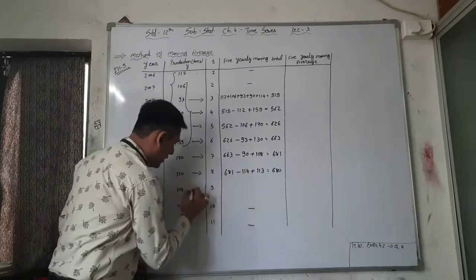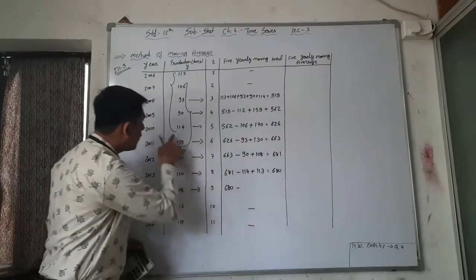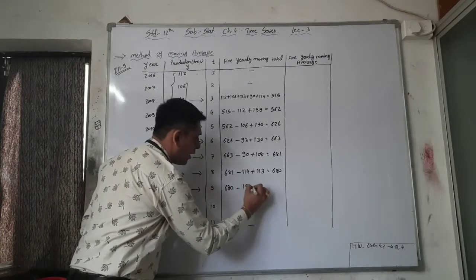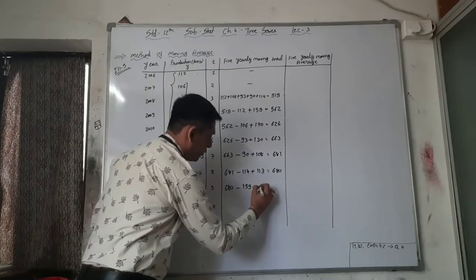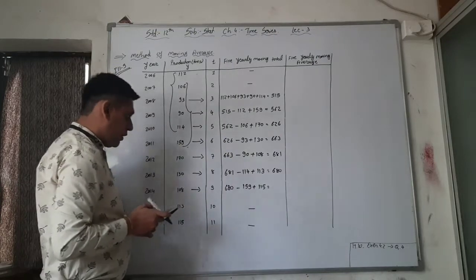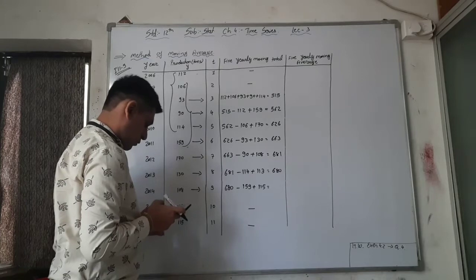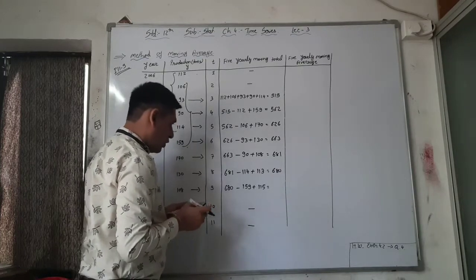Now from 680 we have to subtract, after 114, which amount is that? 159, and we have to add, after 113, 115. So 680 minus 159 plus 115, it is 636.